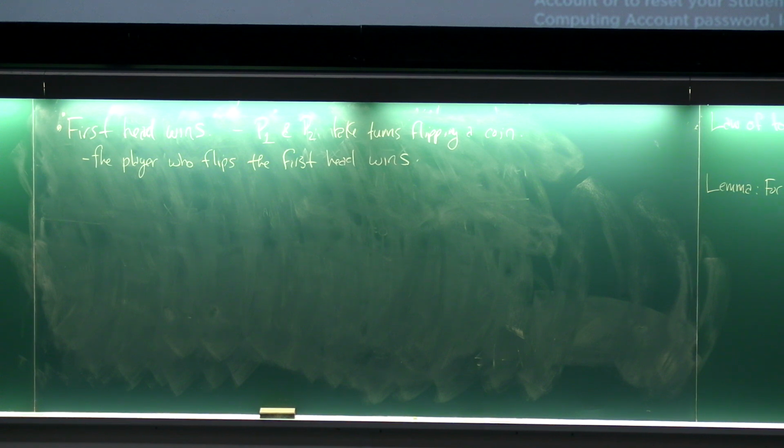So that already means player 1's probability of winning is at least 1/2. And even if he doesn't get a head on that first coin flip, the game continues from that point onwards. There's still some chance that player 1 will win, which means his probability of winning is bigger than 1/2. And if you're playing a 2-player game, and one of the players has probability bigger than 1/2 of winning, that's the player you would like to be.